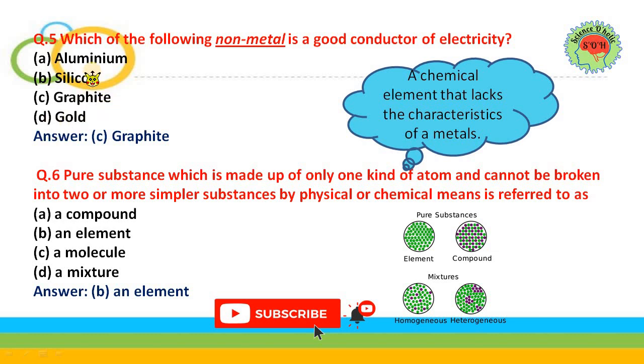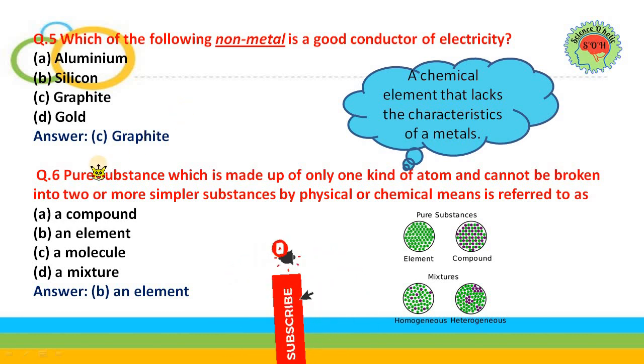Aluminium, silicon and gold are all metals. Only graphite is a non-metal which is a good conductor of electricity. Non-metals are chemical elements that lack the characteristics of metals. So answer C is the correct answer. Graphite is a non-metal which is a good conductor of electricity.